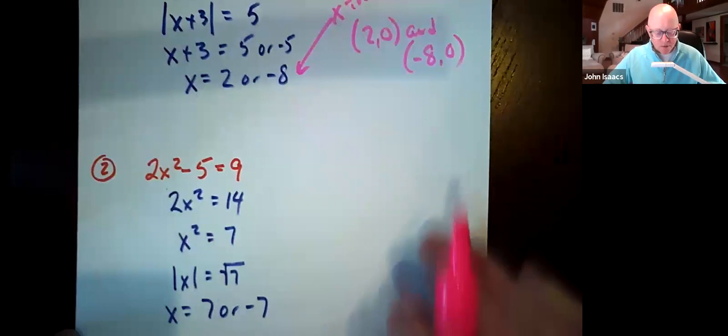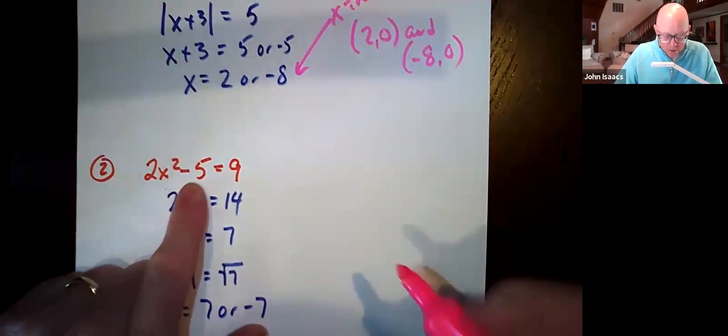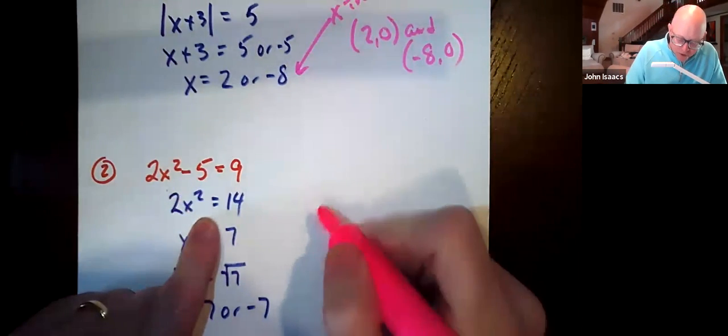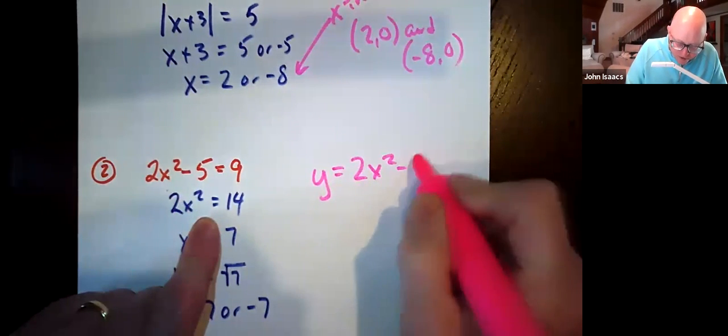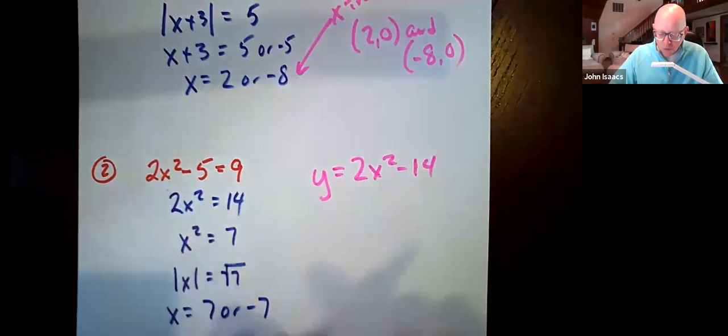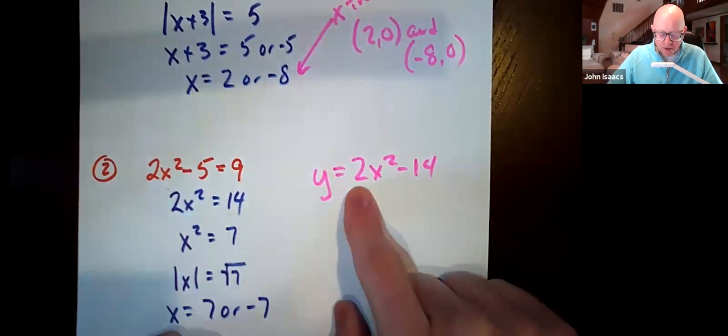Same thing goes down here. We could imagine an equation like, if we move this one around, y equals 2x squared minus 14, right? We know that this is a y-intercept. We know that it has a steepness of 2.